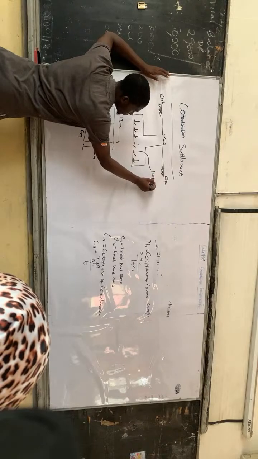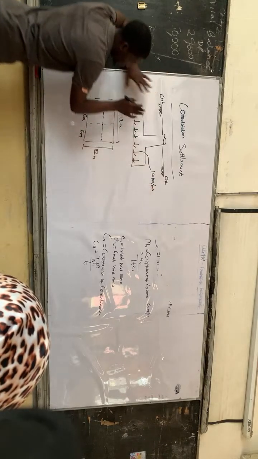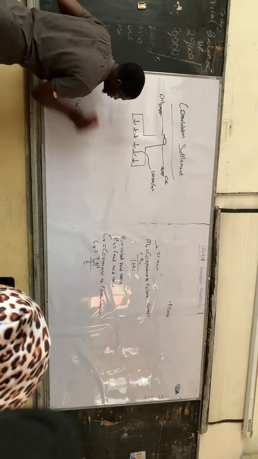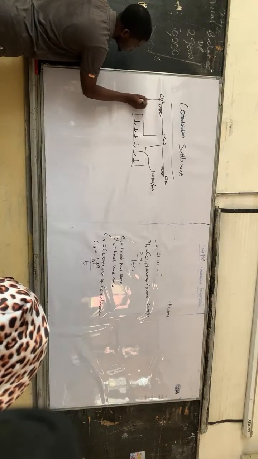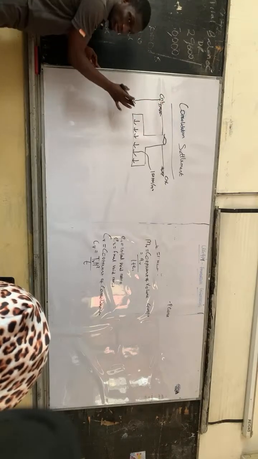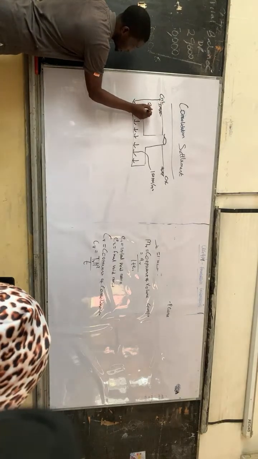So now this is what again? 150 kilonewtons per meter square. You guys should just follow this because you need this. Oh, I should have left space. Sorry. Okay. Below this is the ground surface. So the depth of the foundation is 2 meters.